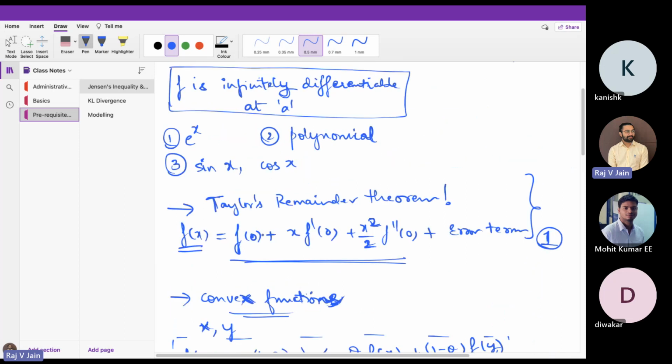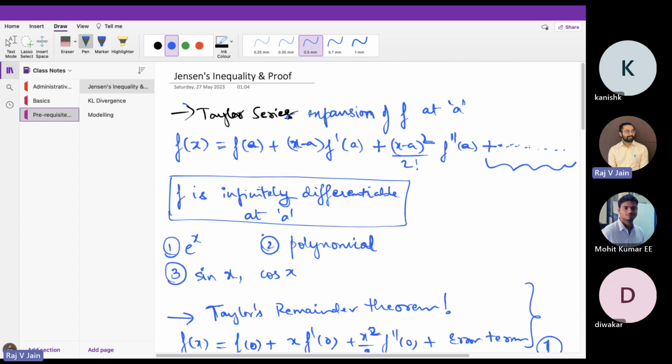For example, if I have access to only the first or the second derivative of a function, and I cannot go up to infinite differentiation terms, then how do I understand how far off I am from the actual value at x?